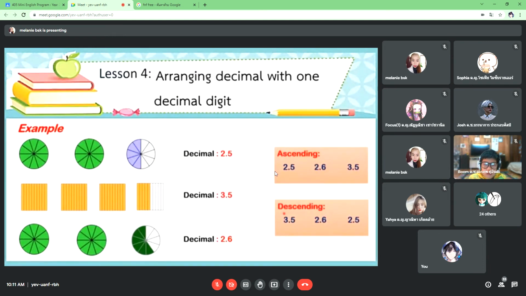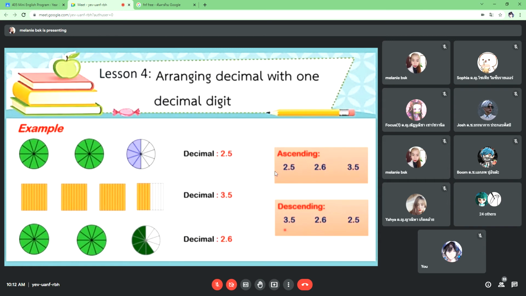And then when we say descending, look, descending. Is it the same number, 2.5, 2.5? No. Why? Because when we say descending number, the number is going down. When I say going down, the biggest number comes first, from big to small.